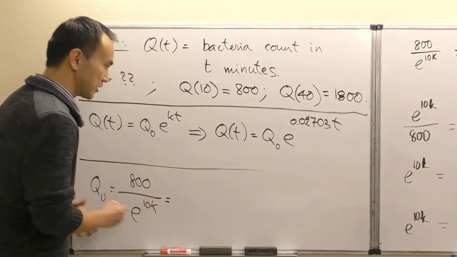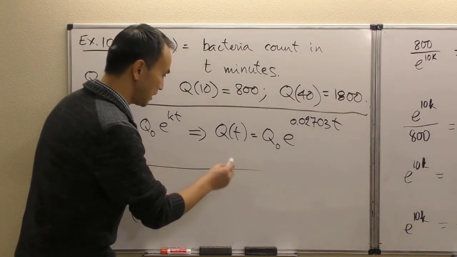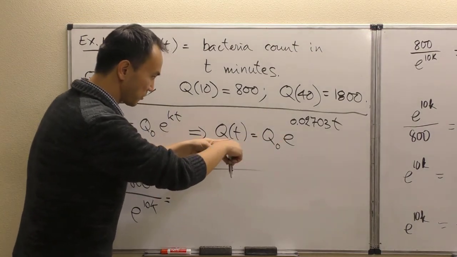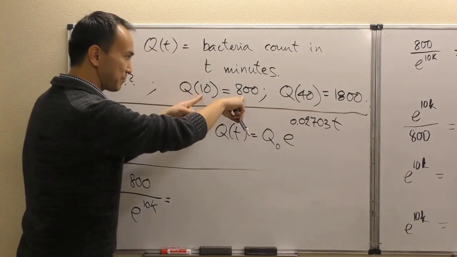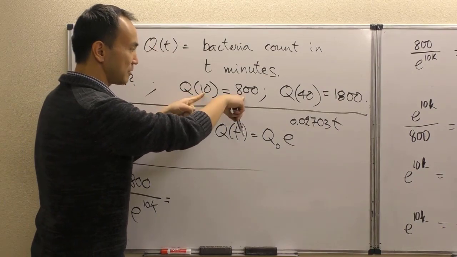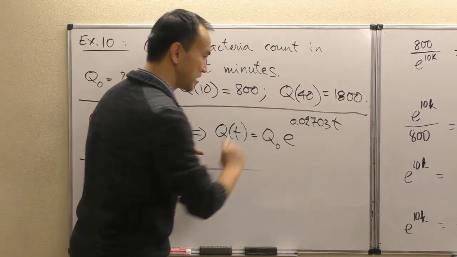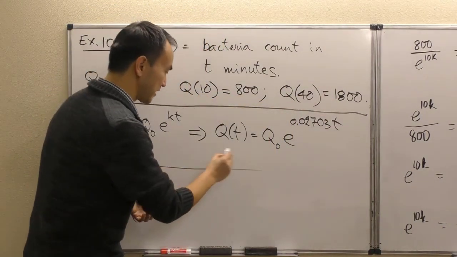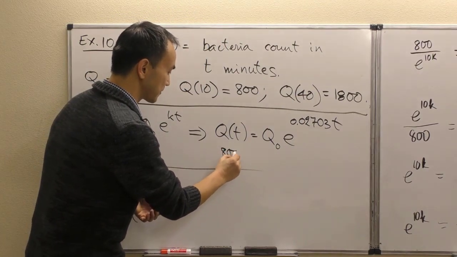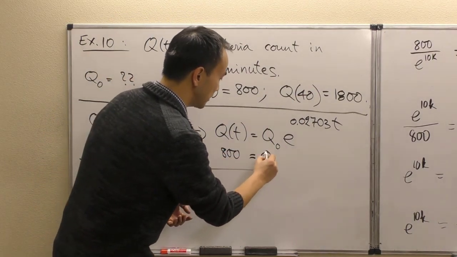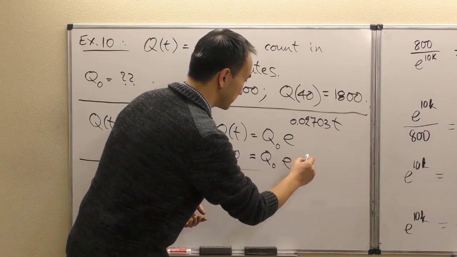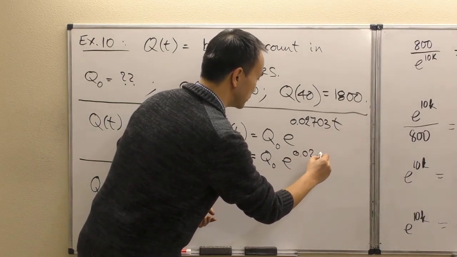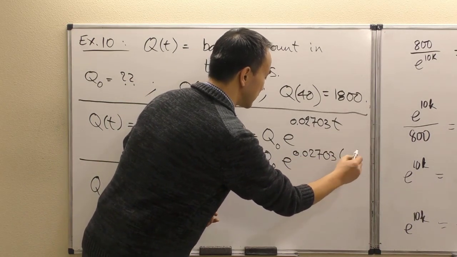Okay, so now, back to this equation. If we think about substituting in that pair of values, 10, 800 or 40, 1800, they're both going to work. So we can think about 800 equals q sub 0 times e to the 0.02703 times 10.